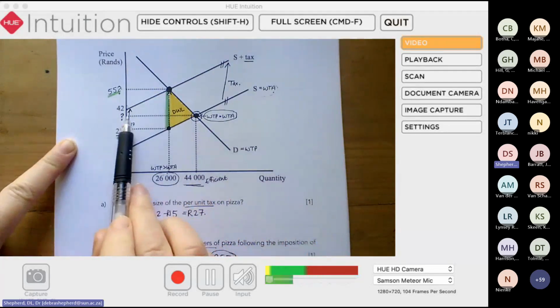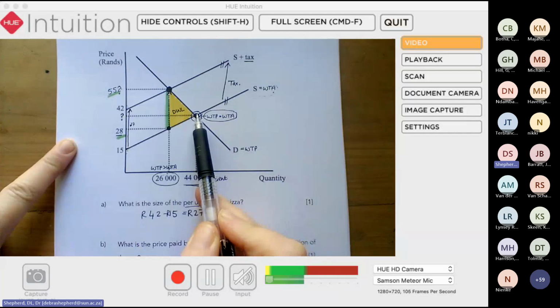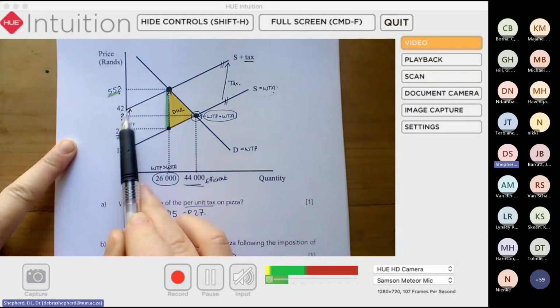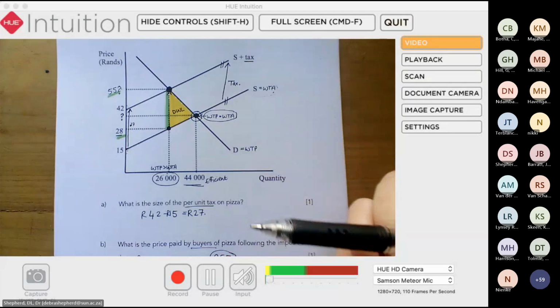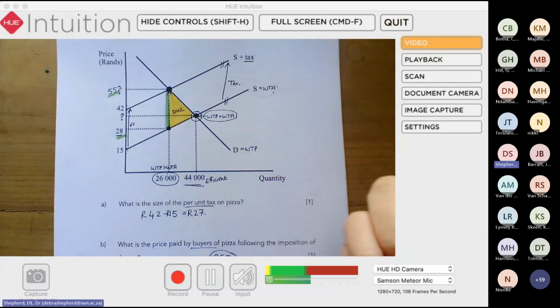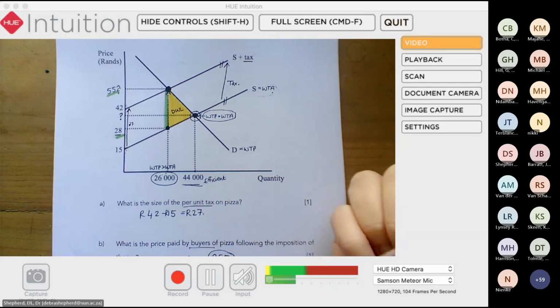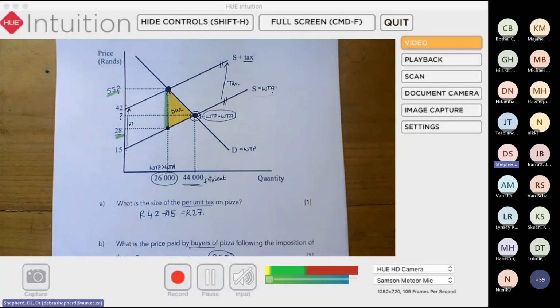So if I wanted to figure out what the tax burden is, I would need to know what this equilibrium price is here. Trying to see if I actually have enough information here to calculate it. I actually don't have enough information. Okay, so that's probably why part D said no calculations required. So I'm just going to do it theoretically.